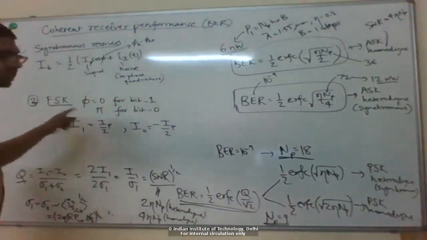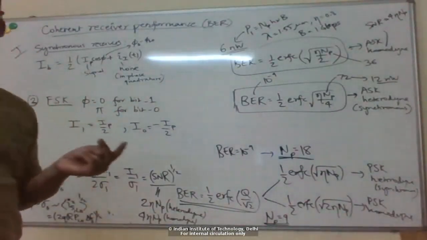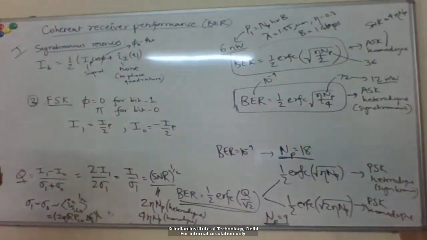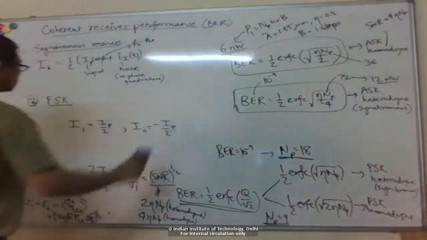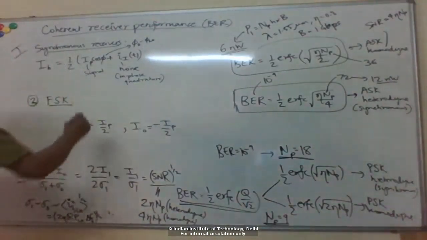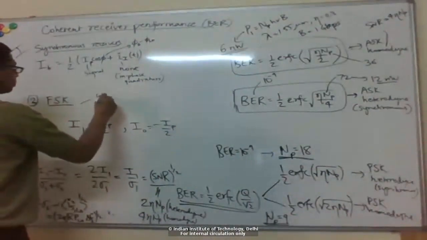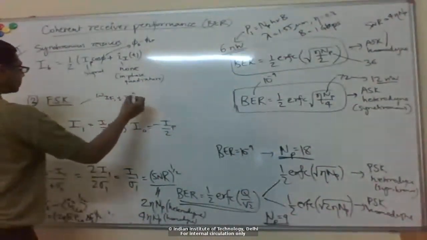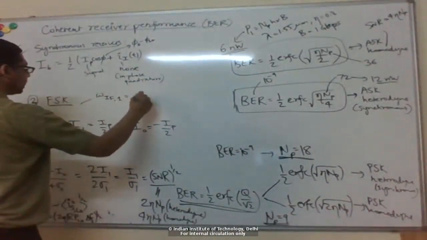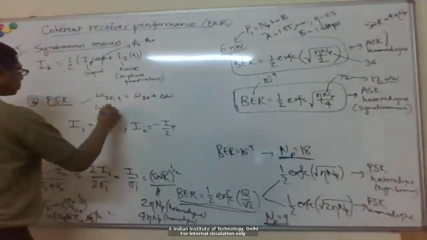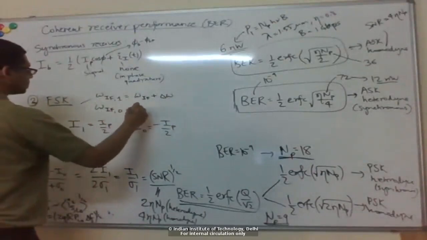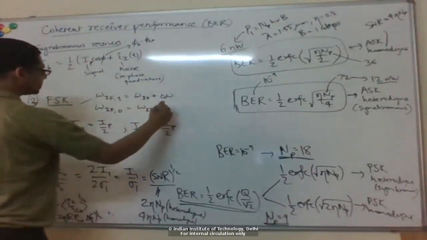So for FSK, basically you have two intermediate frequencies, because for bit 1 and bit 0 your frequency is different. So you'll have omega IF1, which is some omega IF plus delta omega, and then omega IF0, which is some omega IF minus delta omega.